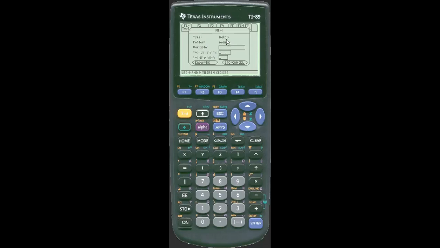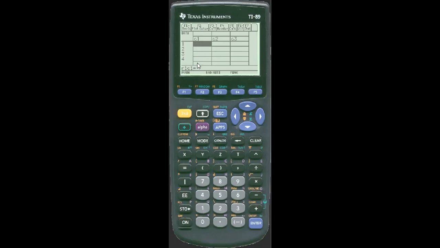Go to variable and give it a file name. Last time we gave it double x, xx. This time let's give it triple x, x, x, x, 3 x's. All right, easy to remember, right? Click enter, enter again. Now we got this to enter our set of data.